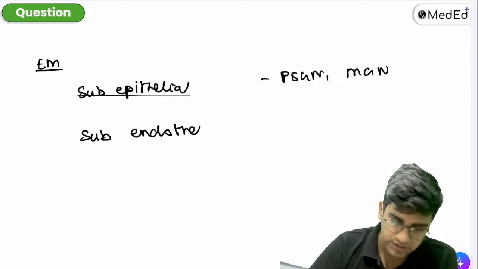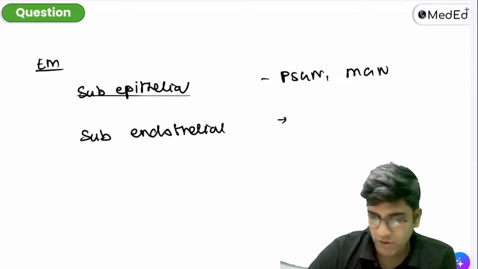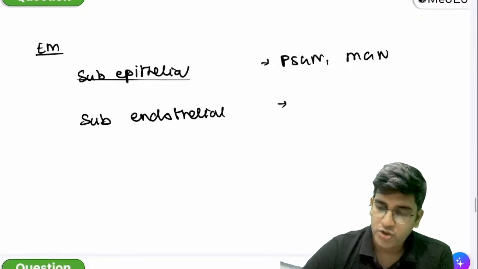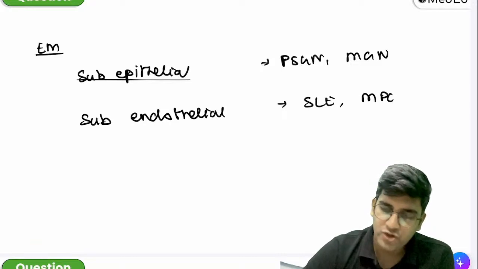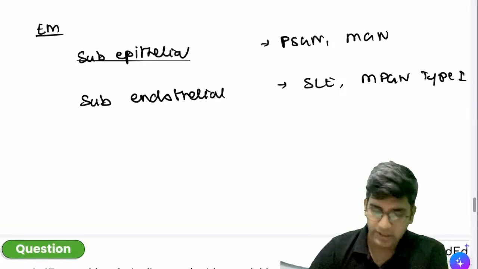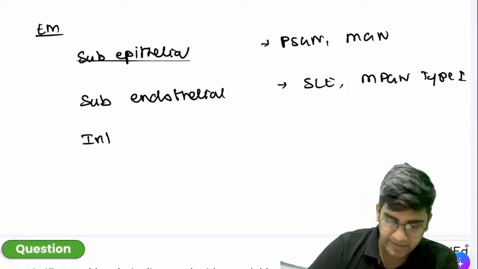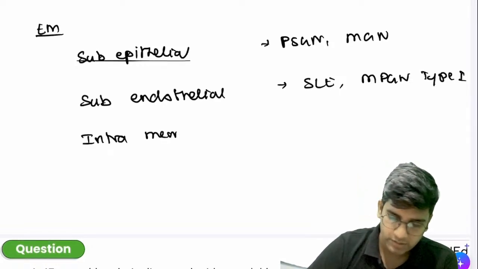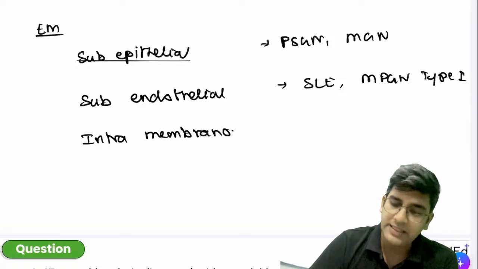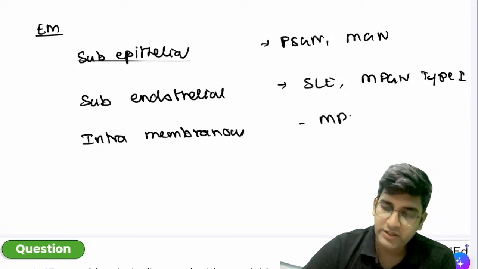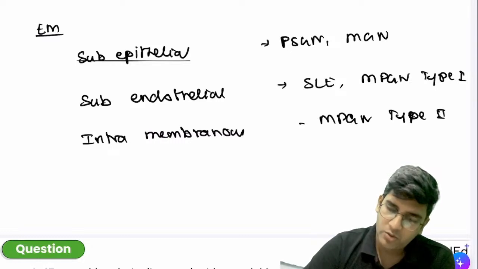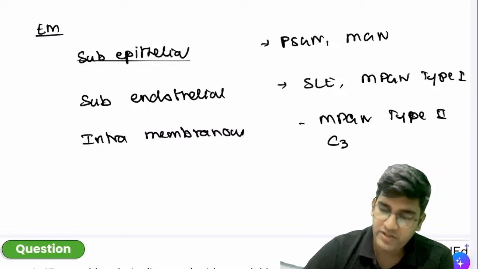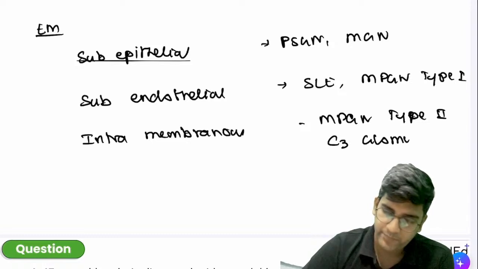Subendothelial deposits can be seen in case of your SLE, lupus nephritis, or an MPGN type 1, membranoproliferative glomerulonephritis type 1, right? Intramembranous deposit will be seen in case of an MPGN type 2, that's the older name, or I have a newer name called C3 glomerulonephritis.